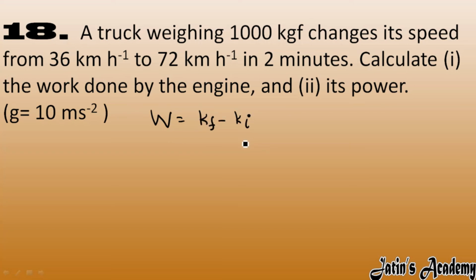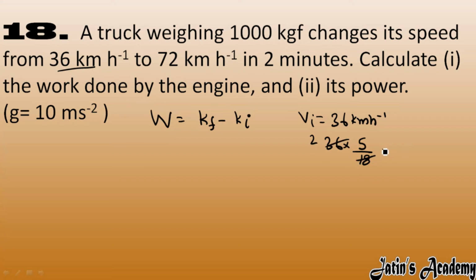For that we need a final velocity and an initial velocity. So 36 km per hour is the initial velocity, which we will take in meter per second, which is 5 by 18.